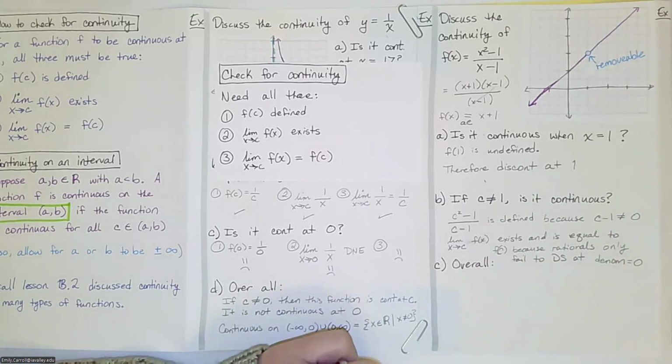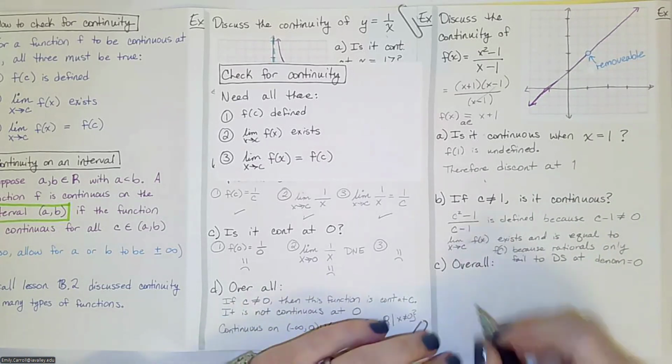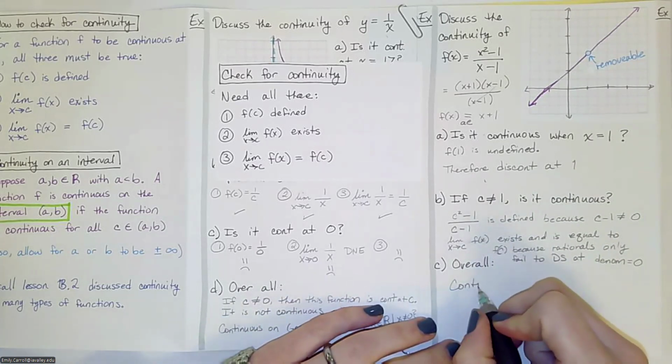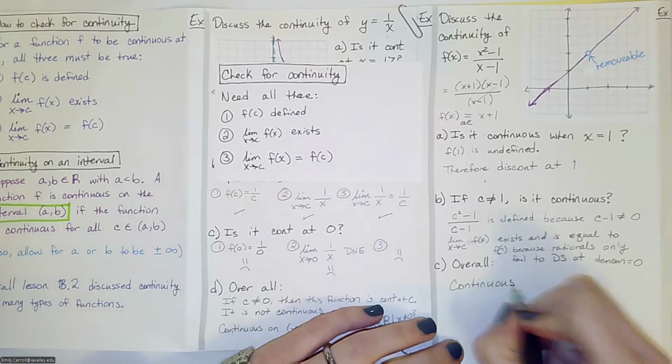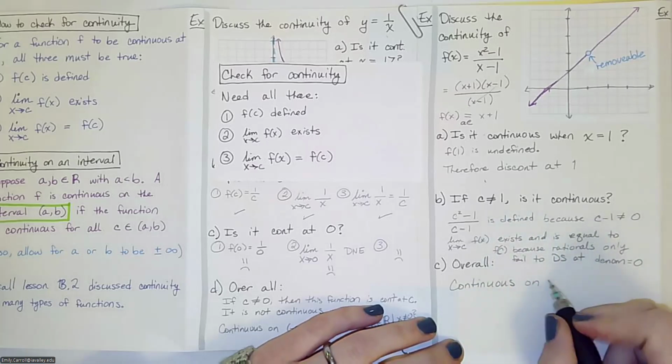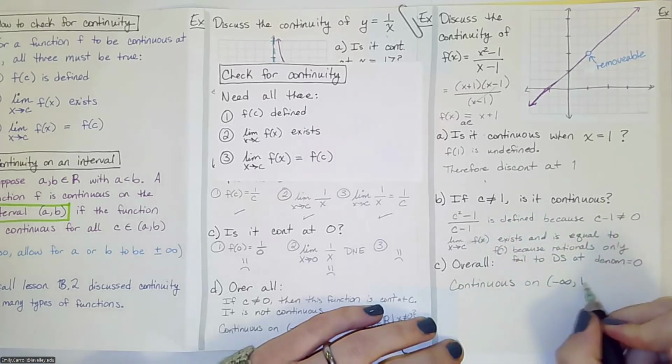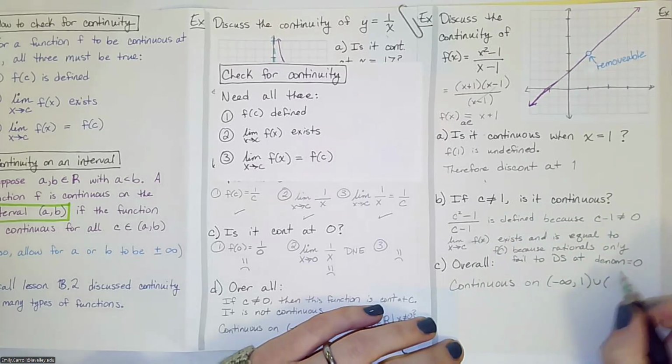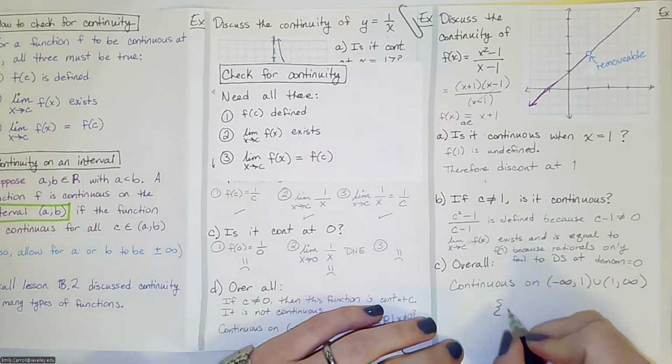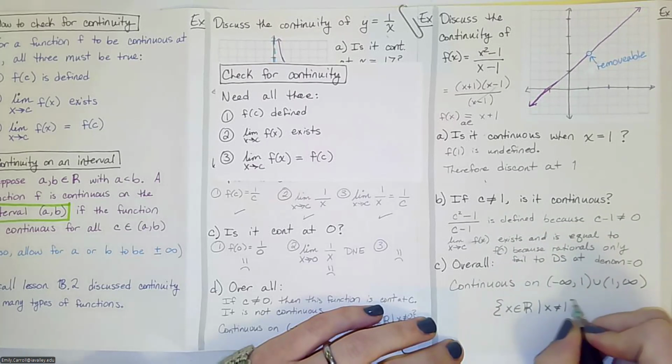So overall, it is continuous everywhere except for 1. So it's continuous on negative infinity to 1, union 1 to infinity, or the set of all real numbers x where x is not equal to 1.